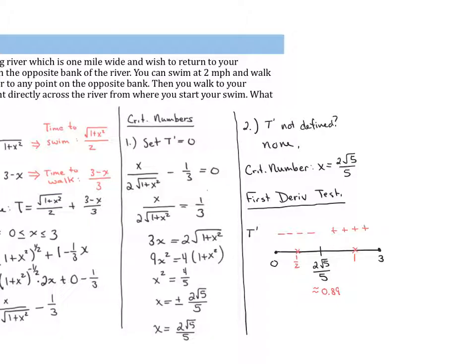That means that our function goes from decreasing to increasing. So t is decreasing and then t is increasing, and that means that 2 root 5 over 5 corresponds to a minimum value. And that means that we have answered our problem. We just need to go ahead and write down our answer.